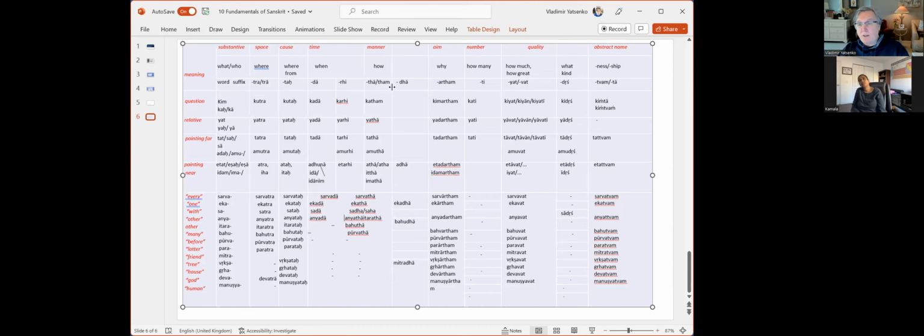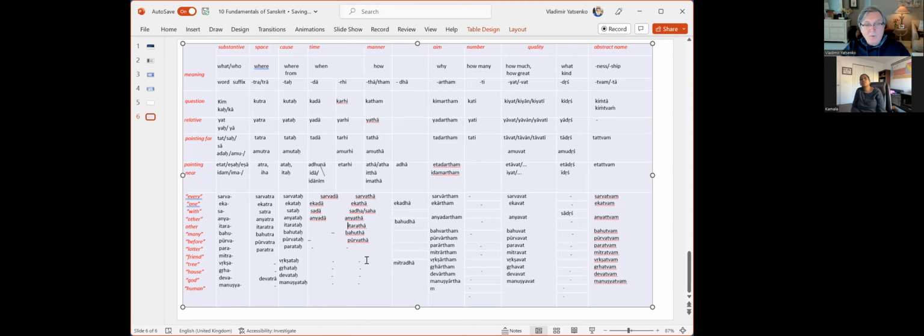So katham or tham. Katham, how; yatha, as; tatha, thus, in that way; atha, in this way. So I would have sarvatha, in every way; ekatha, in one way; anyatha, itaratha, in other way.